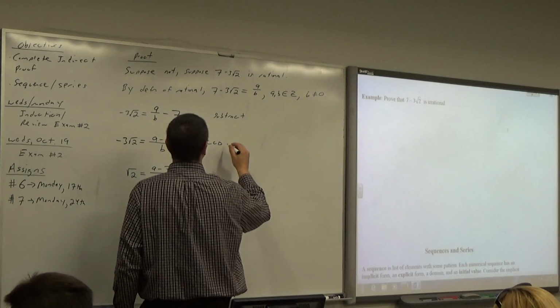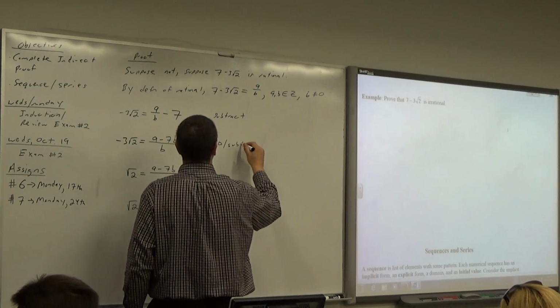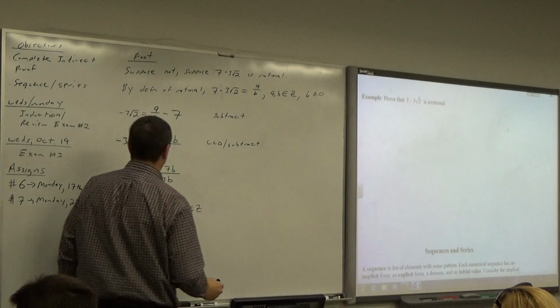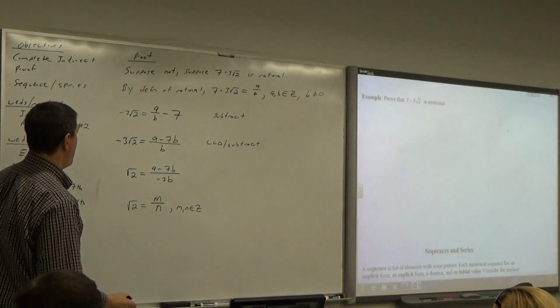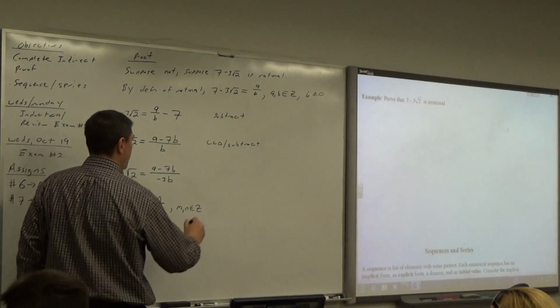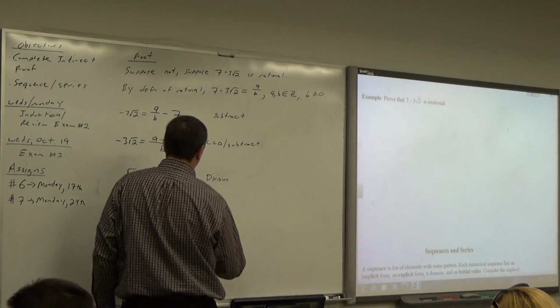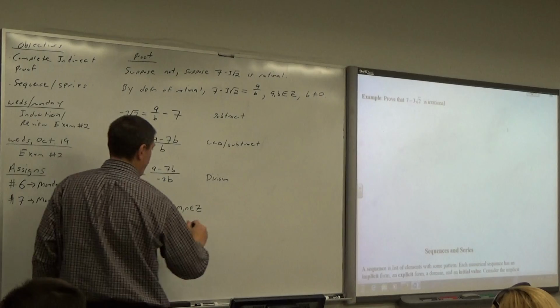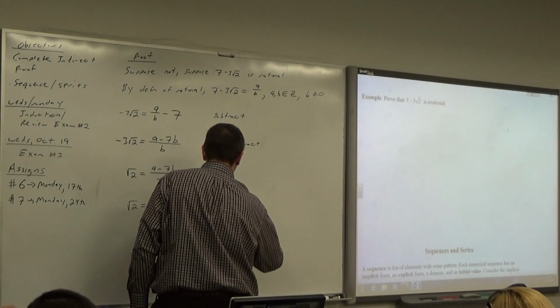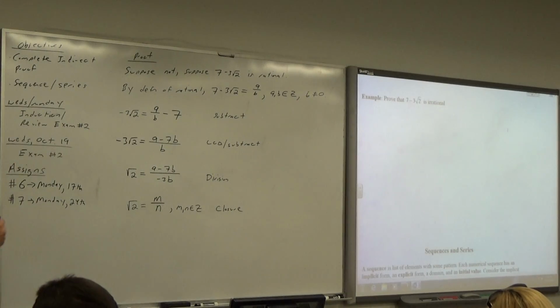It's technically LCD and subtraction. That's easy. And then this step was division. And then the very last step that we did, that's just our friend closure. Let me go ahead and let you guys copy that down.